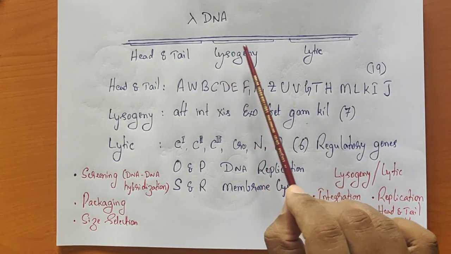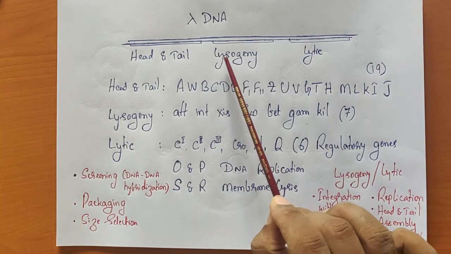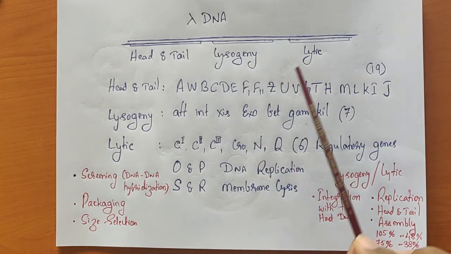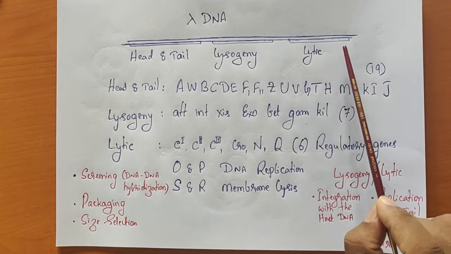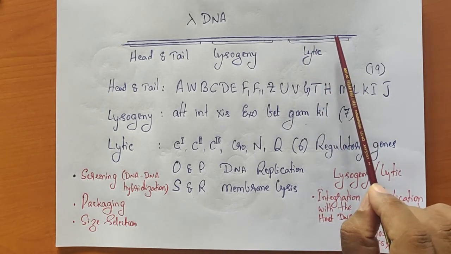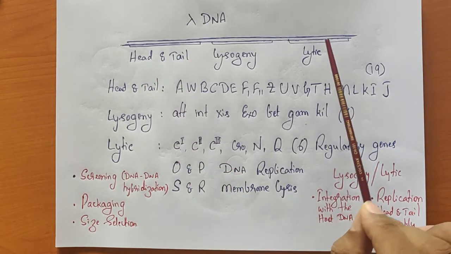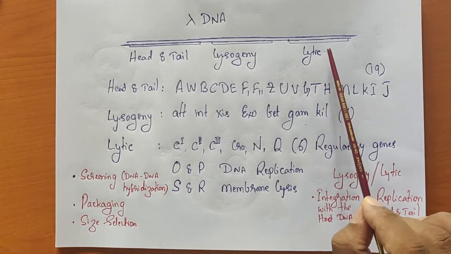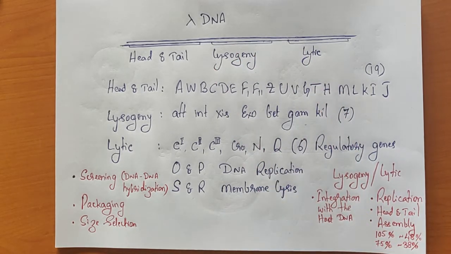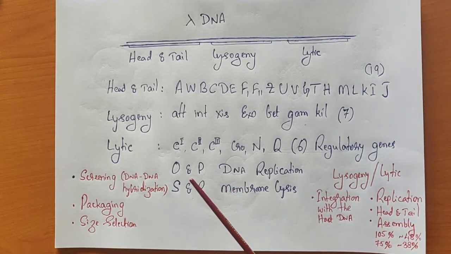Now, the regulatory genes which are important in channelizing this to the lysogeny cycle are located in the central part, whereas the regulatory genes required for the lytic cycle are all arranged in one cluster on the right side of it. So on the left side we have the head and tail, on the right side we have the regulatory genes required for the lytic cycle, and in the central part we have the lysogeny cycle. We will try to see the important genes involved in that.